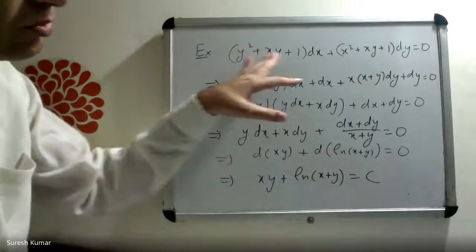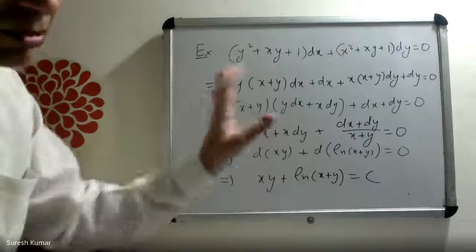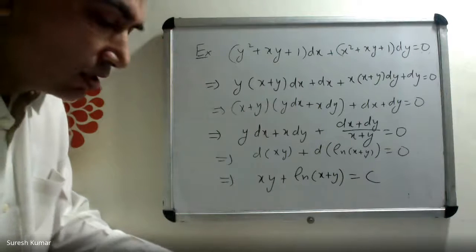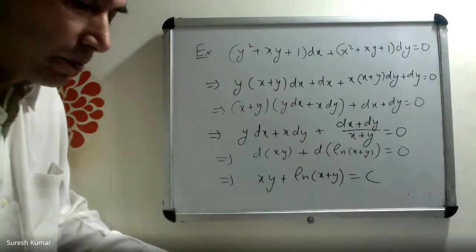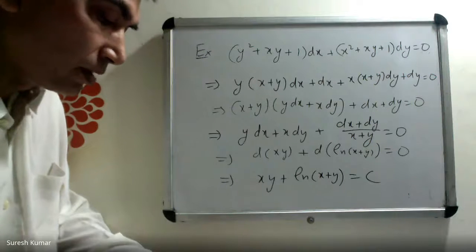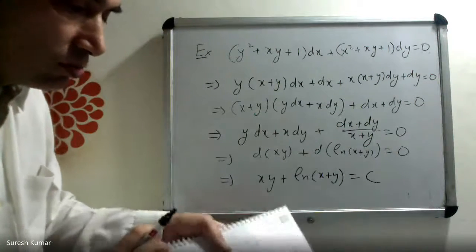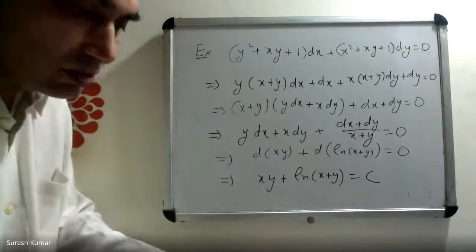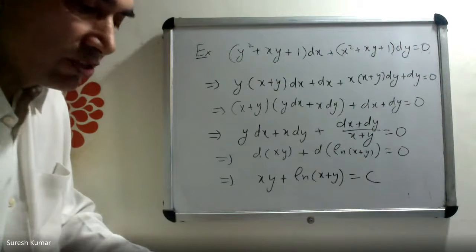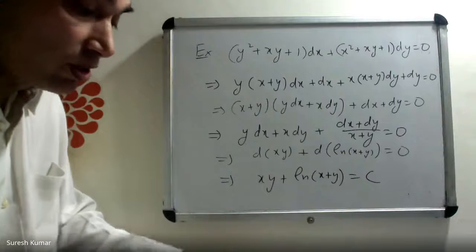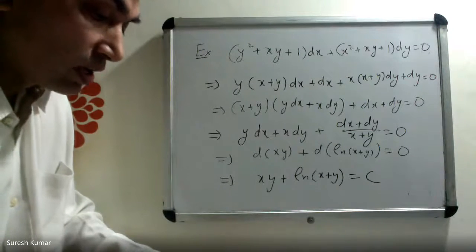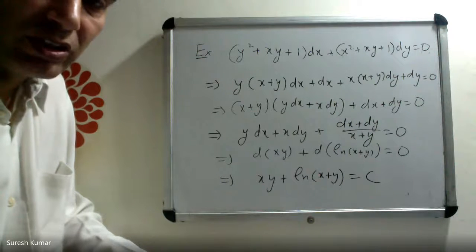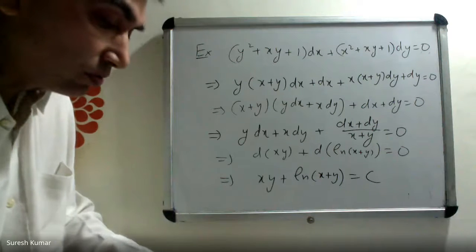So you see, in this differential equation, a simple rearrangement of the terms helps you in getting exact differentials. So I suggest you practice some more problems. It's not difficult. You will not get such a problem where you have no way to think it out. At least practice the problems which are given in the textbook. That will help you.